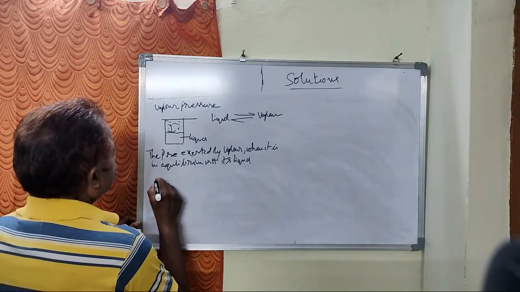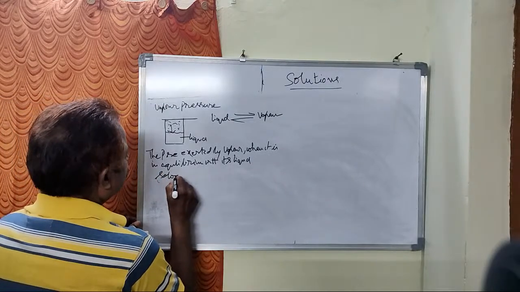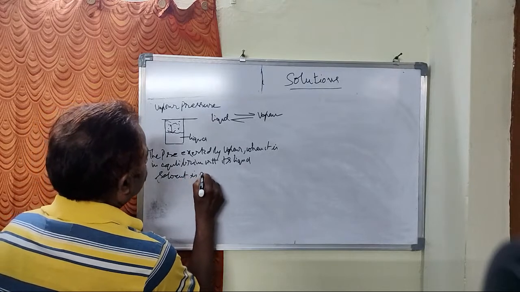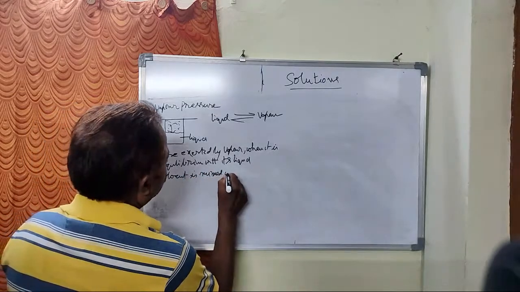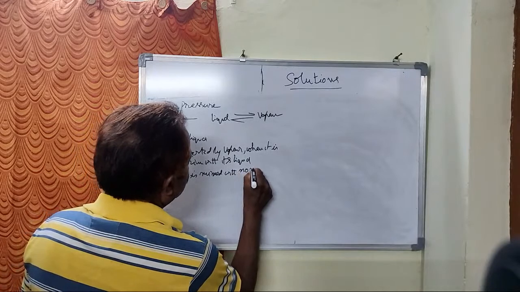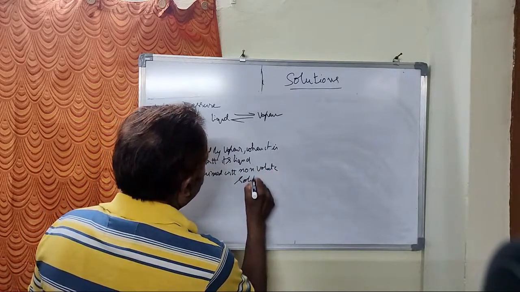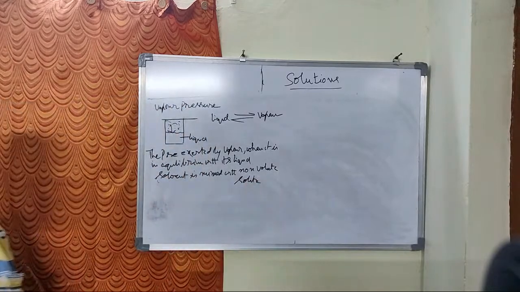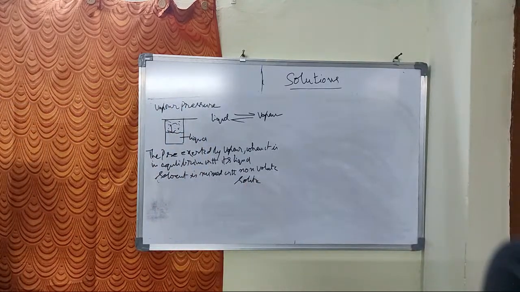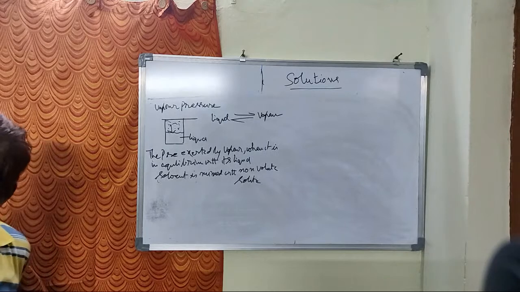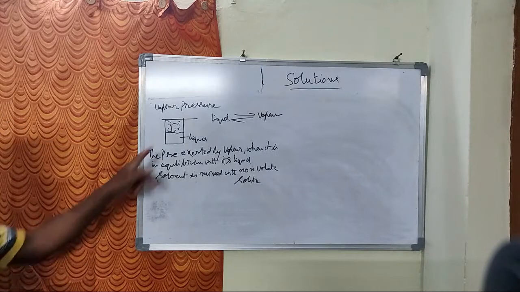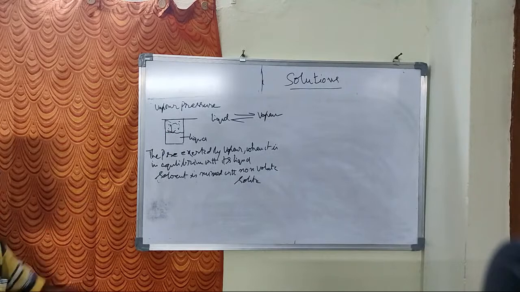Now, the solvent or liquid is mixed with a non-volatile solute. When it is mixed with non-volatile solute, automatically what happens? The vapor pressure becomes lesser because some of the surface is occupied by non-volatile solute particles also.